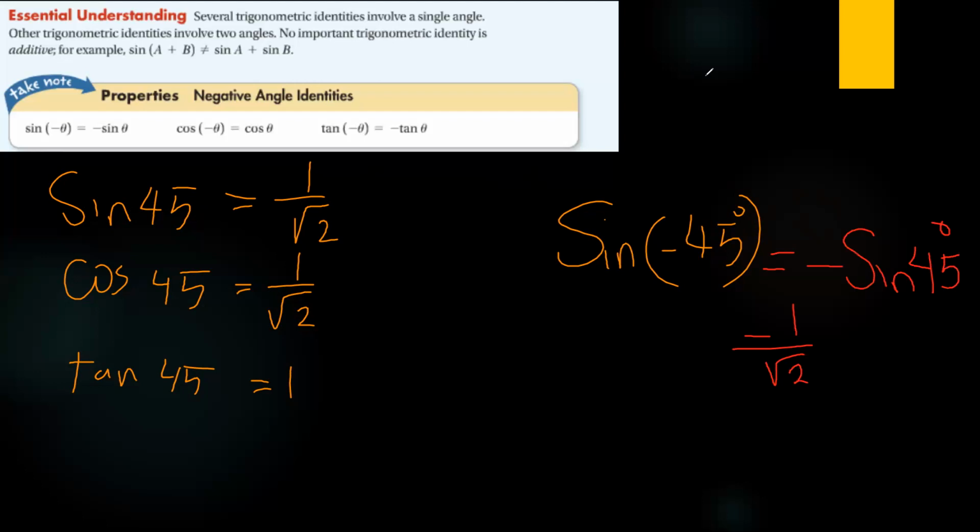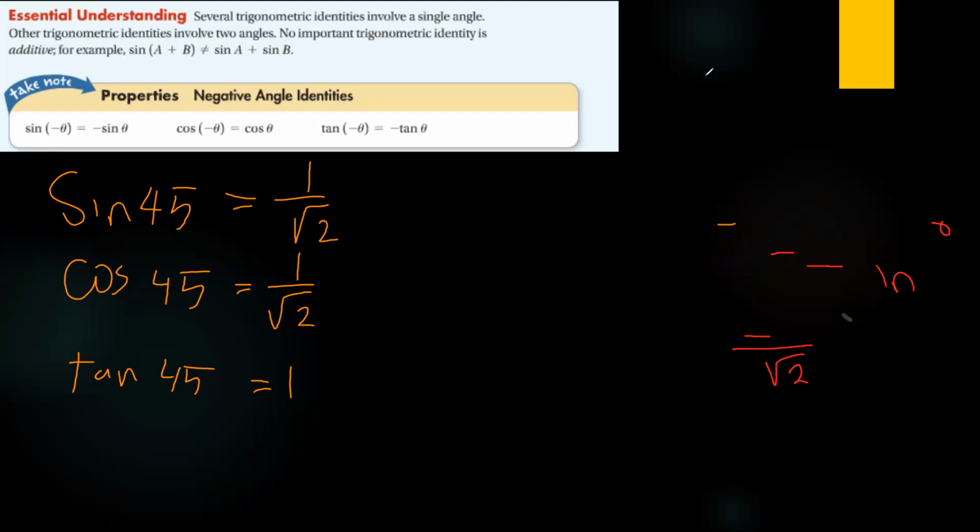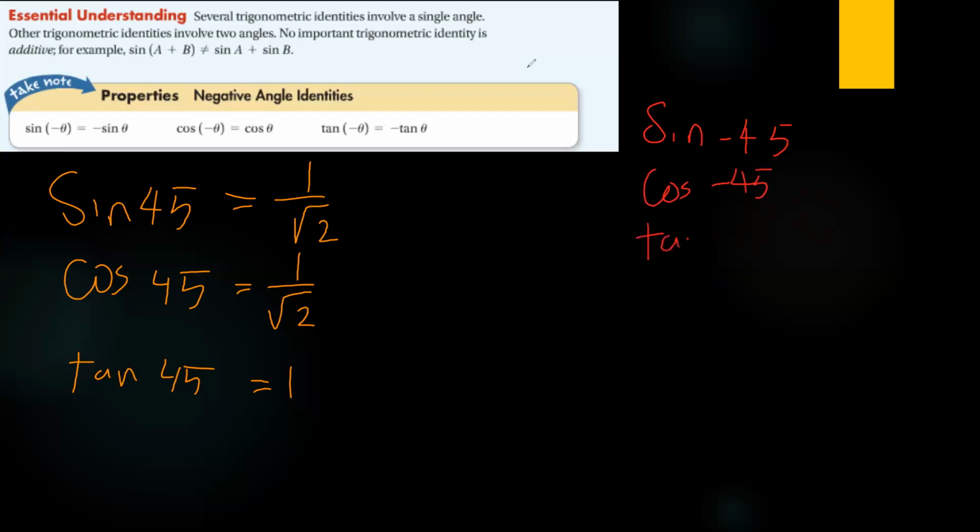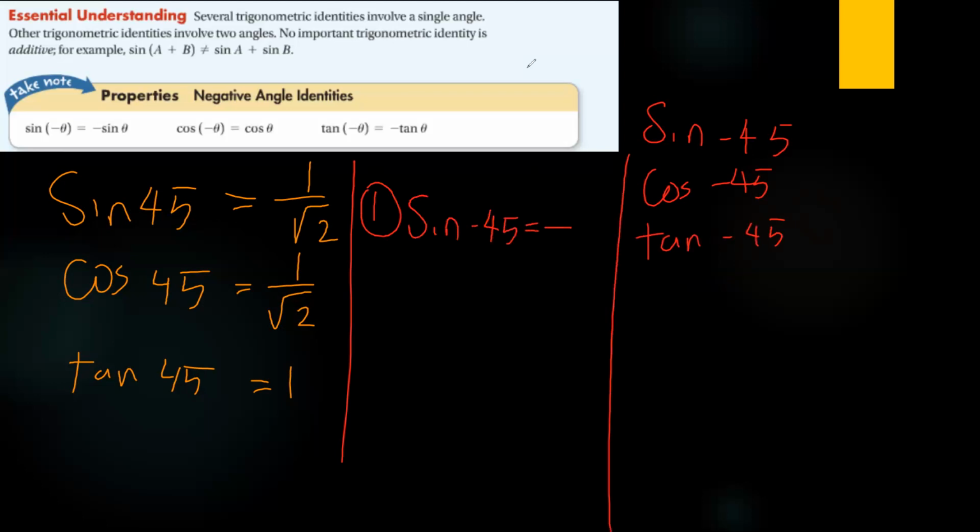So my three questions are: find sine of negative 45, cosine of negative 45, and tan of negative 45. The first part, we found that sine of negative 45 is negative 1 over square root of 2.